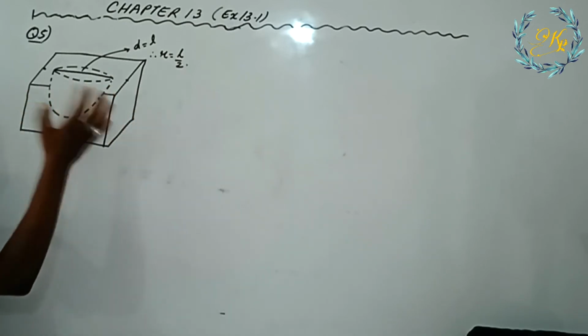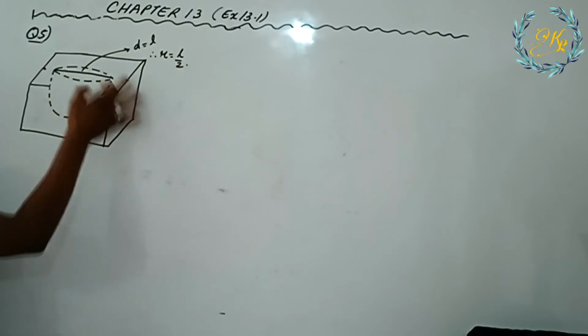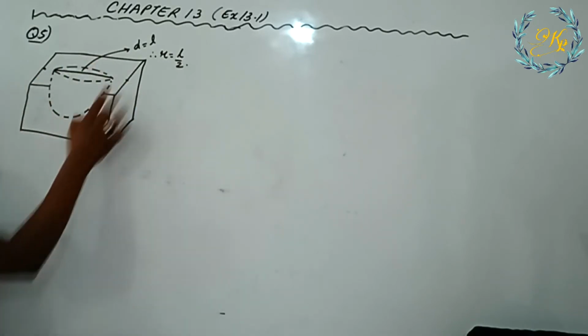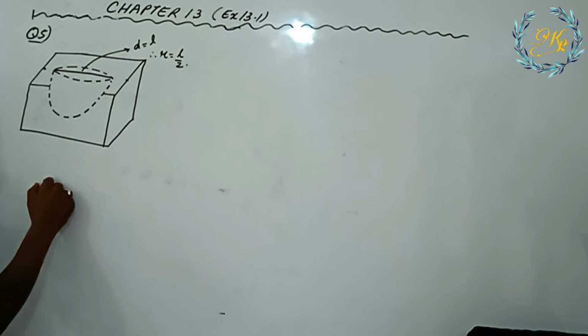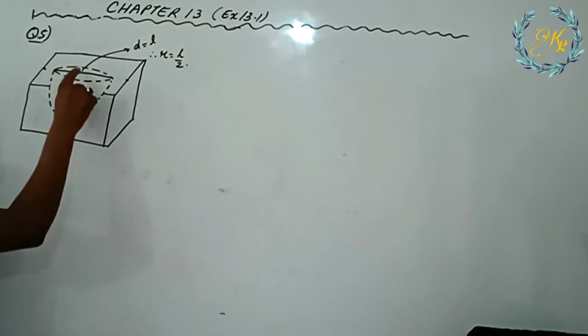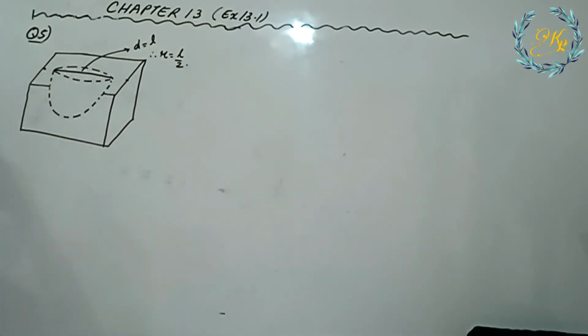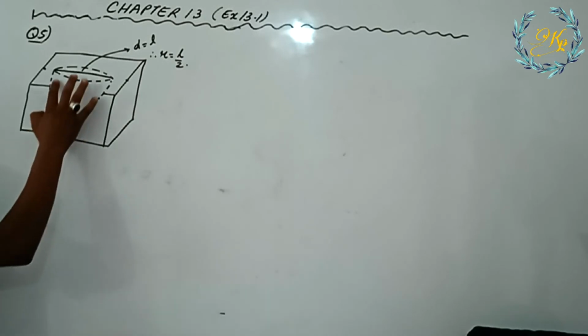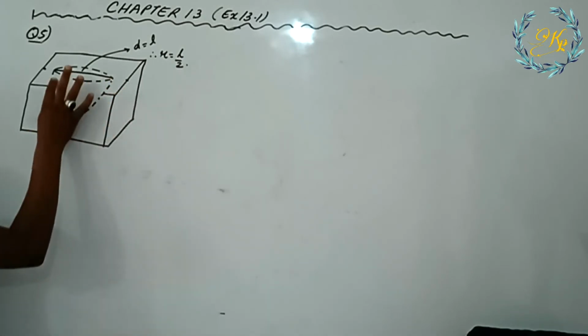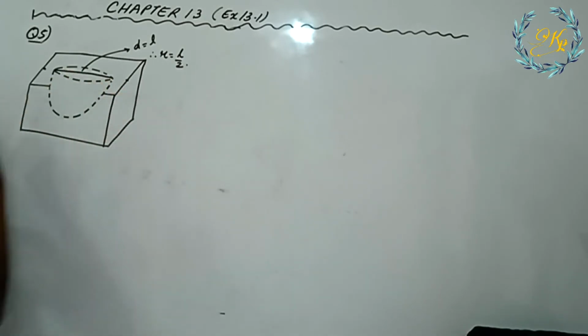Now for this I tell you the formula. Area of the remaining solid is equal to the total surface area of this cube, then minus the area of the hemispherical depression, plus the curved surface area of the hemispherical depression. This will be the formula. First of all, we will write the formula.